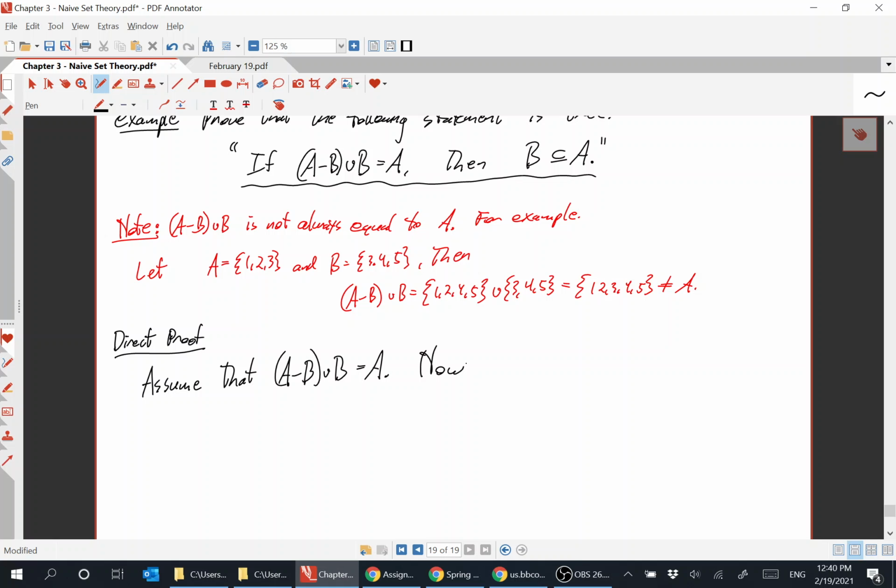What's the conclusion in that implication statement there? I assume the hypothesis is true. Now I must show the conclusion is true, forced to be true. Show that B is a subset of A. Yeah, we want to show B is a subset of A. How do we do that?